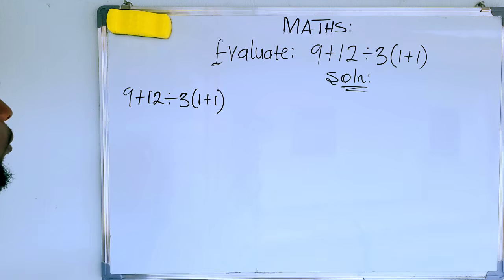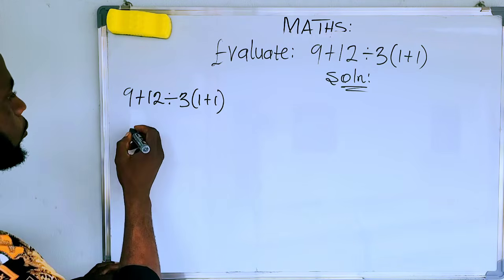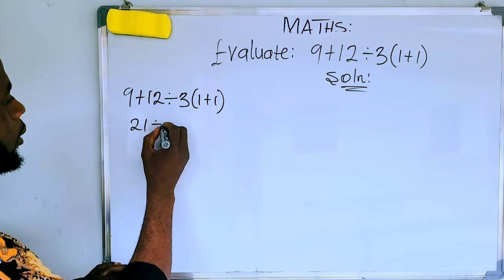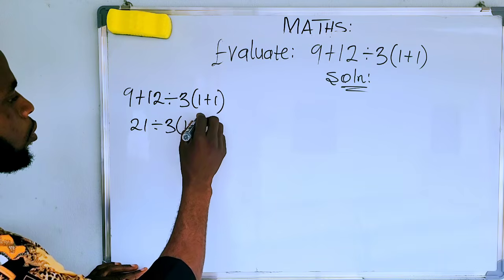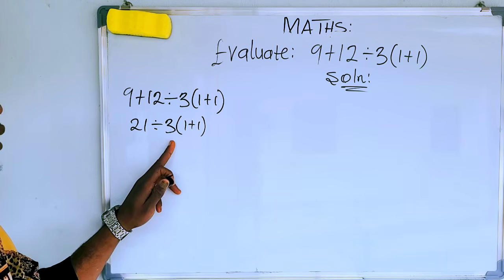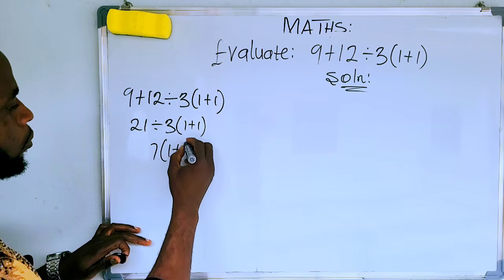Here, some persons will simplify this in this form. We have 9 plus 12, that gives 21 divided by 3 into 1 plus 1. Then again, they have 21 divided by 3, that gives 7 into 1 plus 1.